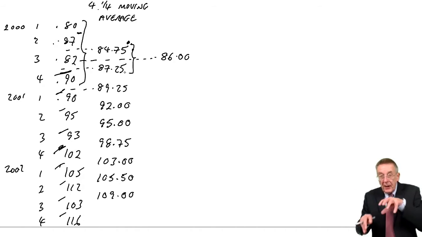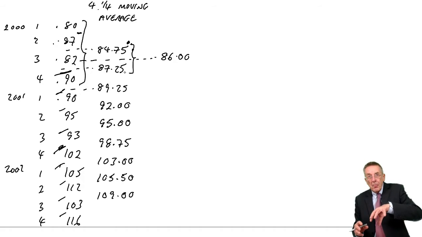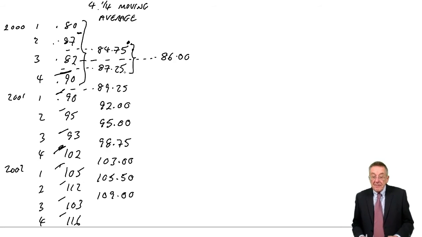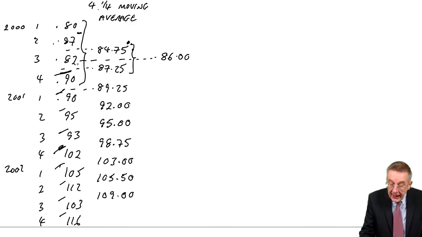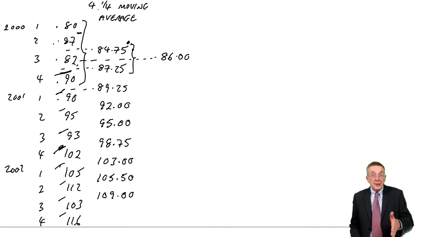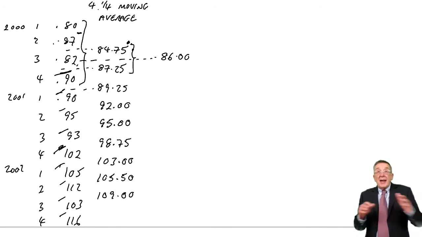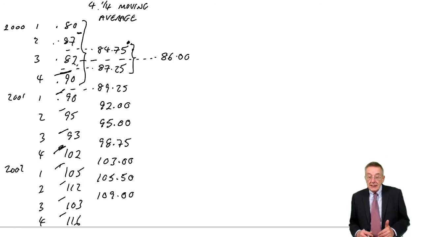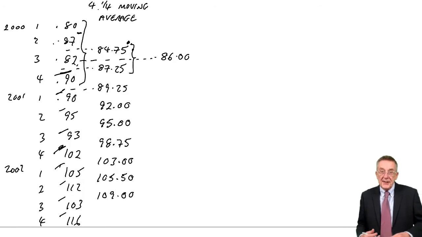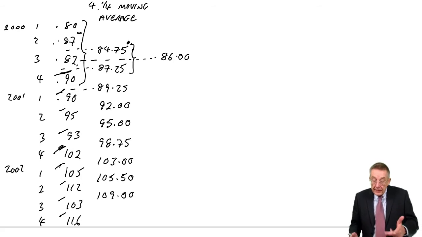The next average was part quarter 3, part quarter 4. By averaging them, I can now say, the actual sales in quarter 3 were 82. If there hadn't been this seasonality, it would have been 86. And we keep doing that.